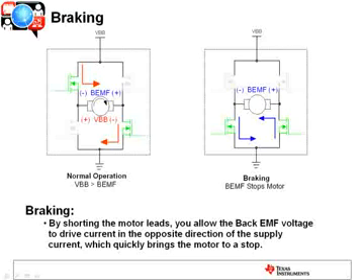So that opposite current is going to generate an opposite force, and that force is going to fight to slow that motor. You're going to brake that motor very, very quickly. You're going to slow it down very quickly. So that's braking, basically allowing the back EMF to stop the motor very quickly for you.